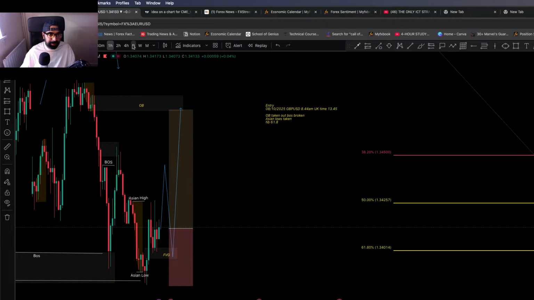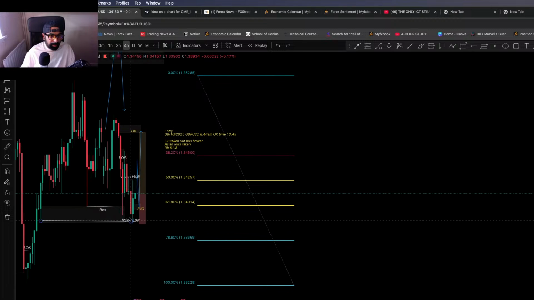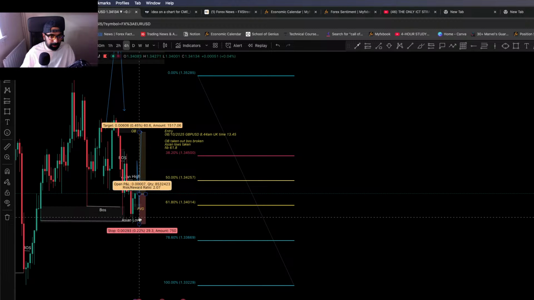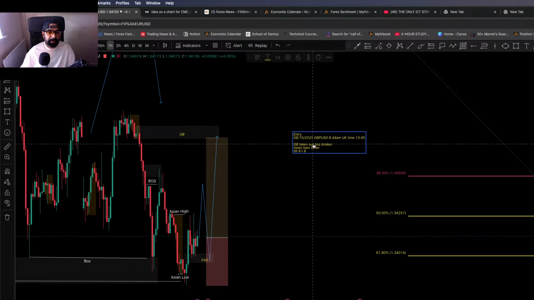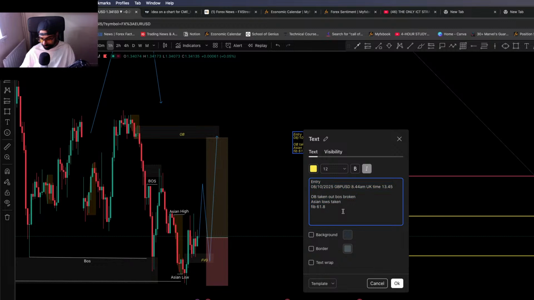Free pin. So it's a free pin, like 1, 2, 3. Free pin candlestick pattern that I'm looking at. Nobody goes for the Asian highs.